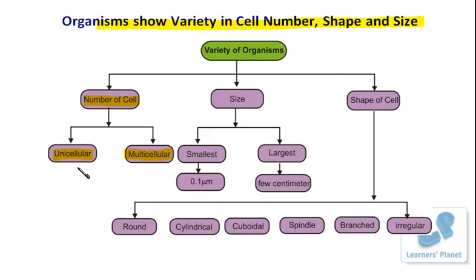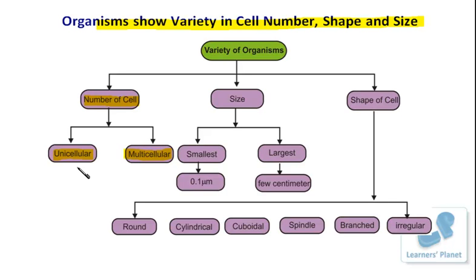And if it is a multicellular organism, then what? They are made up of many cells. Now, if they are made up of many cells, then they must work together so as to maintain life, isn't it? And you must be aware that organisms are made up of different tissues, different organs, and so on.